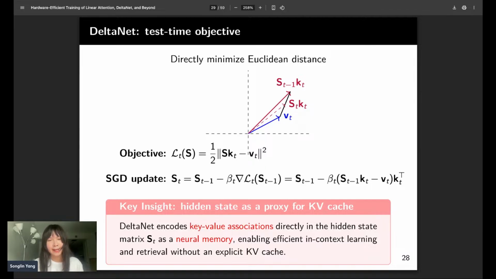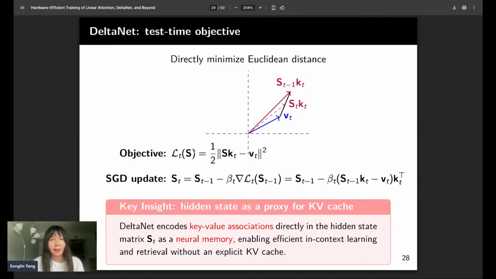So in this case, the recurrent hidden state S is regarded as the weight matrix. This also has a very interesting connection to fast weight programming. So the recurrent state S can be viewed as the fast weight, which changes at every single step.